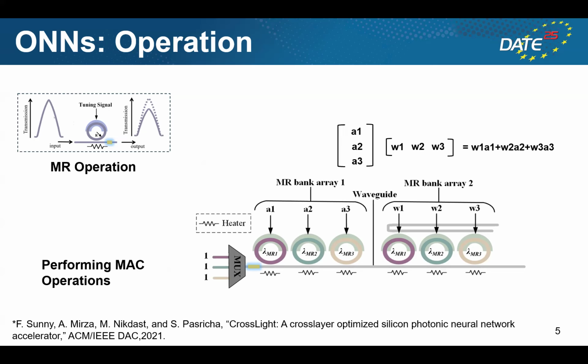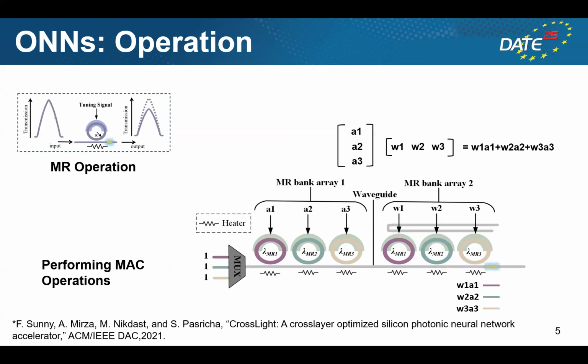So what will happen is when the signals pass through the first MRs, the activation values will start to be imprinted onto each optical signal one by one, and then the optical signals pass through the second set of MRs. When the weight values are imprinted onto the same signals, we end up with a multiplication operation as shown here.